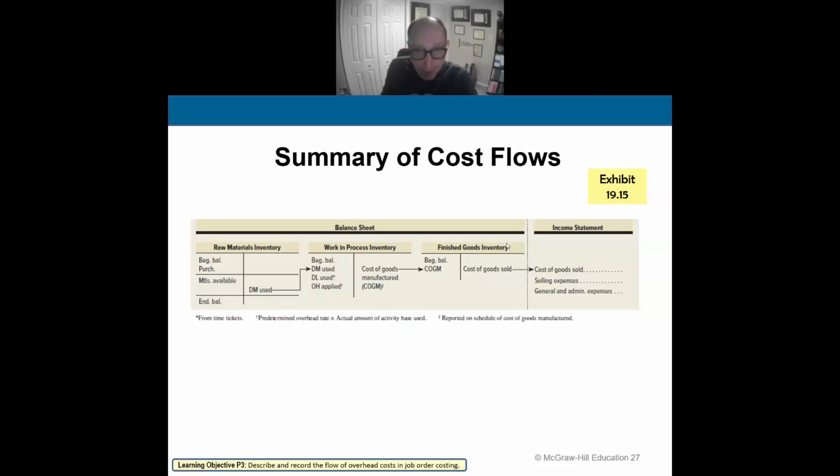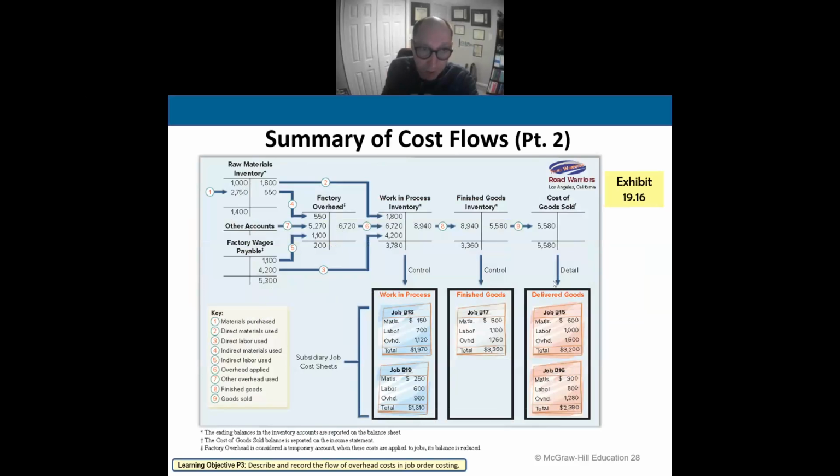Now remember, the actual overhead cost is going to be above or below the estimate. And in that case, we need to adjust. And we need to make the adjustment based off of underapplied or overapplied, whichever the case may be.